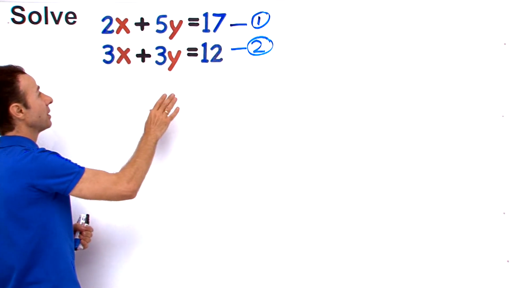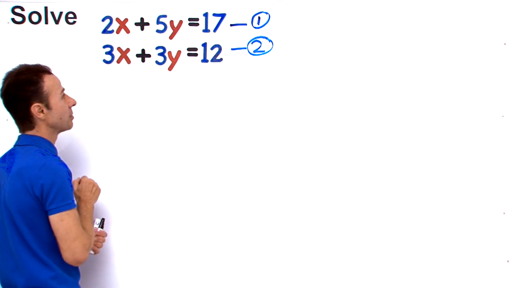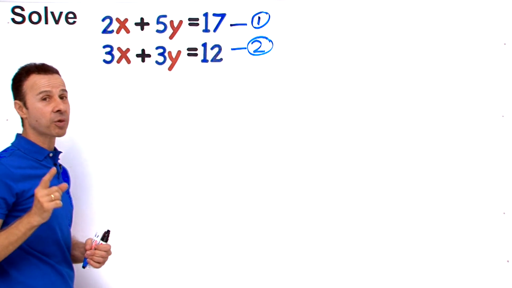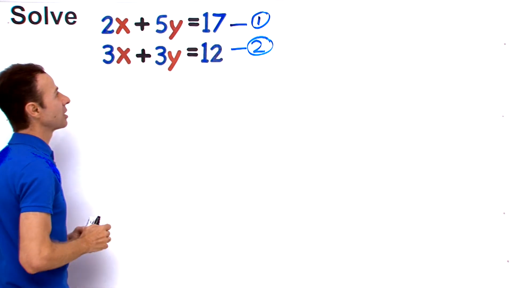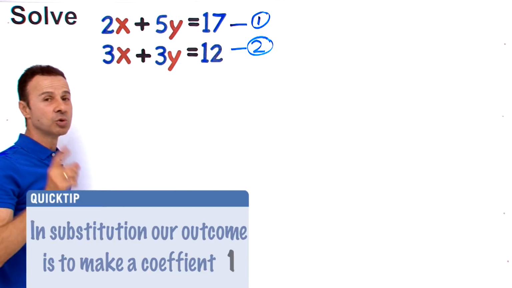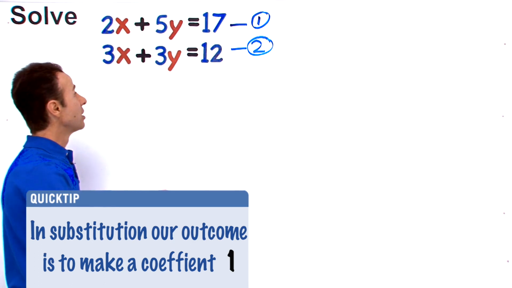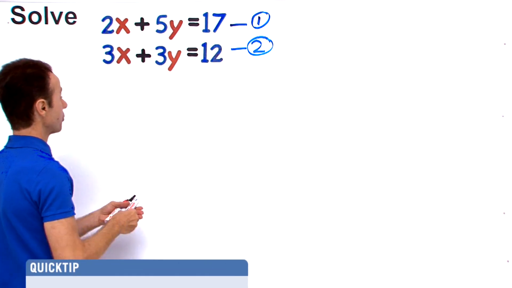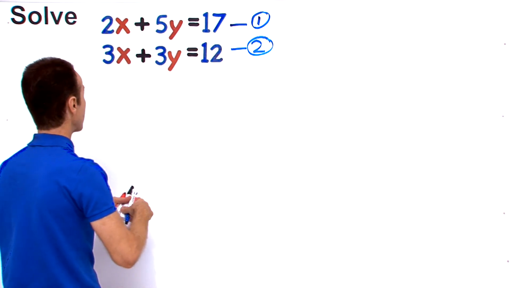So I can see a pattern here. You see this one down below, equation number 2, 3x plus 3y equals 12. I could divide throughout by 3. If I do that, it'll make the coefficients into 1, because 3 divided by 3 is 1. So why don't we take equation number 2 and divide the whole thing by 3.